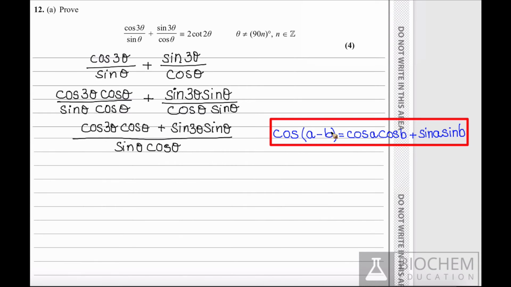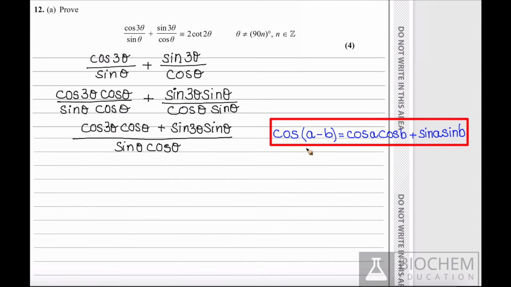Cos A minus B equals cos A cos B plus sin A sin B. If there is a negative, then there is a plus between the terms, and we also have a plus in our numerator. Our numerator matches this part of the equation.